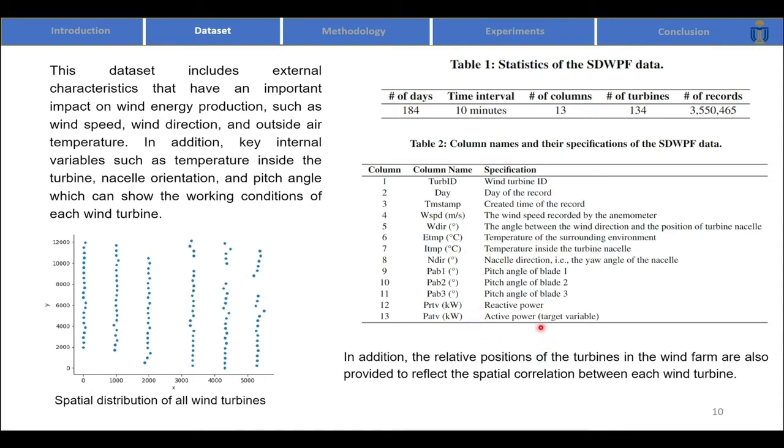Our target variable is the active power. Additionally, the relative position of the turbines in the wind farm is also provided so that we can study the spatial correlations, and the spatial distribution of those wind turbines is shown in this figure.